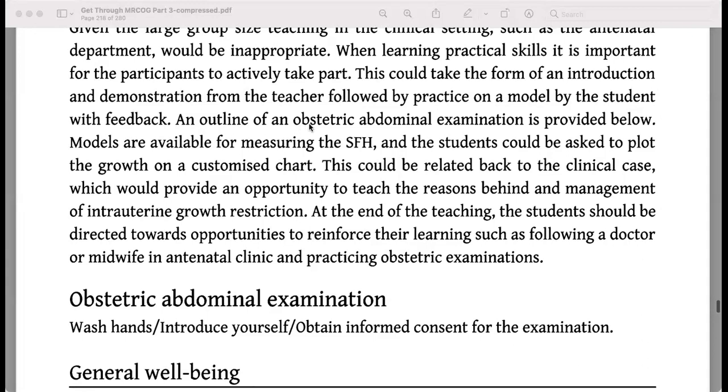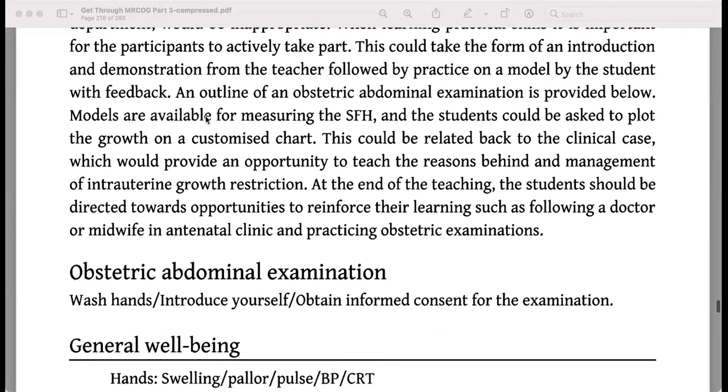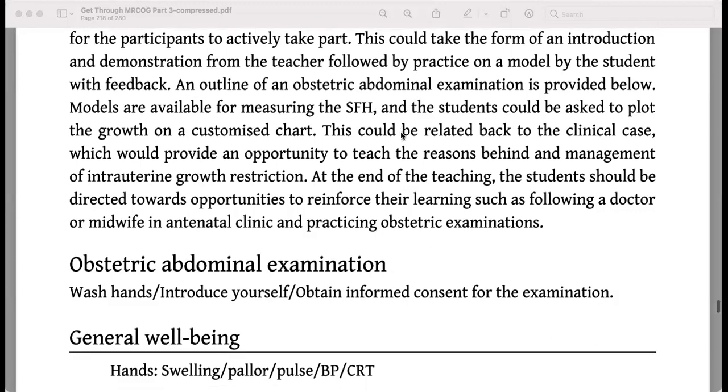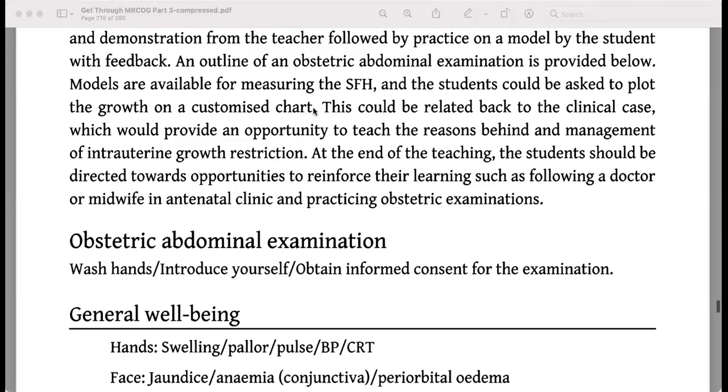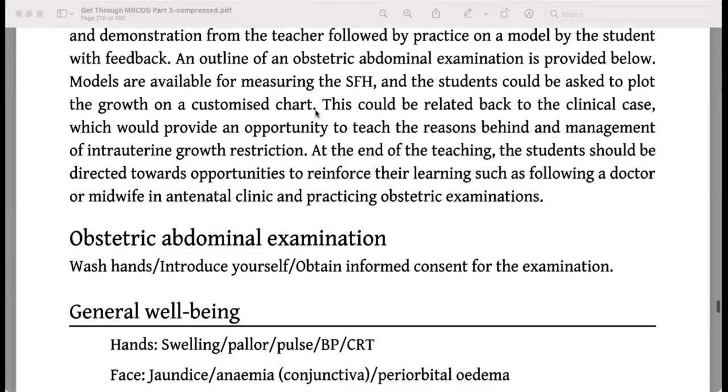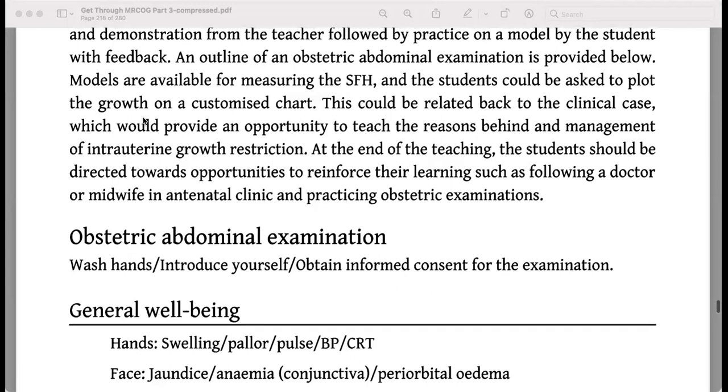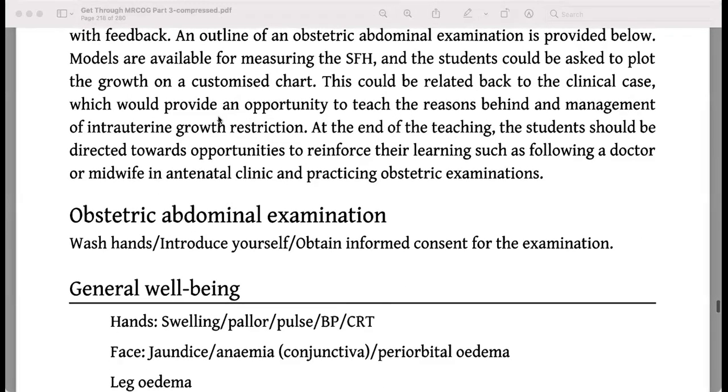An outline of obstetric abdominal examination is provided below, and models are available for measuring the symphysiofundal height, and the student could be asked to plot the growth on the customized chart. That's why you have to mention that your tools should be ready and available. This could be related back to the clinical case, which would provide an opportunity to teach the reason behind the management of intrauterine growth restriction.